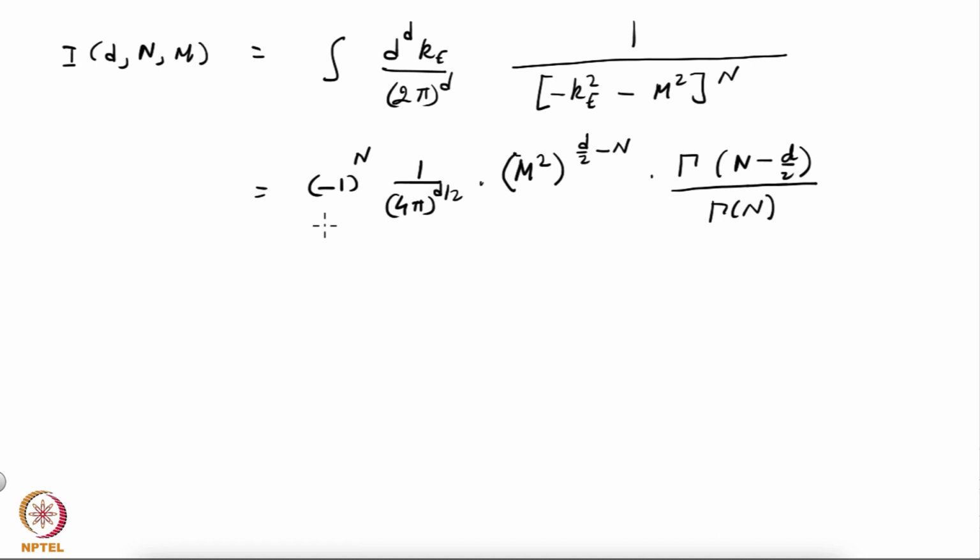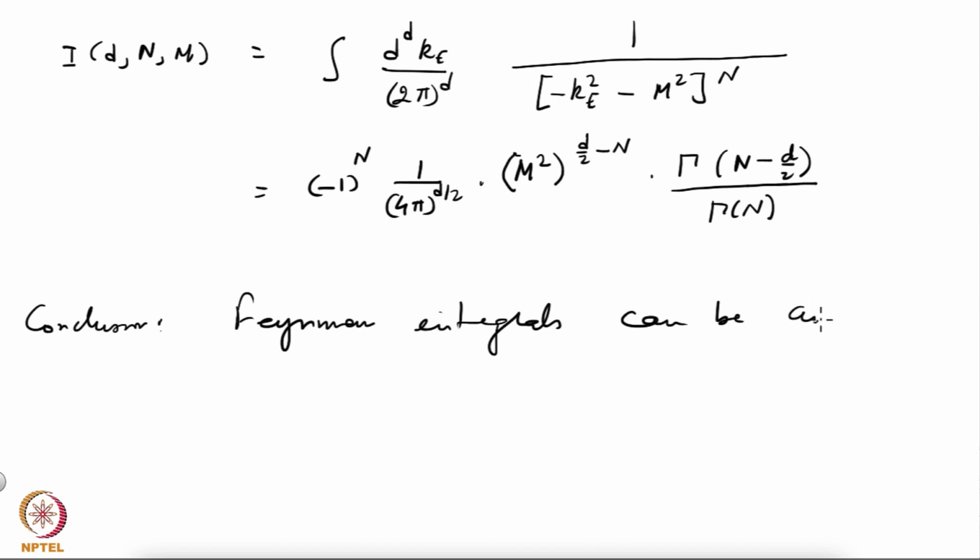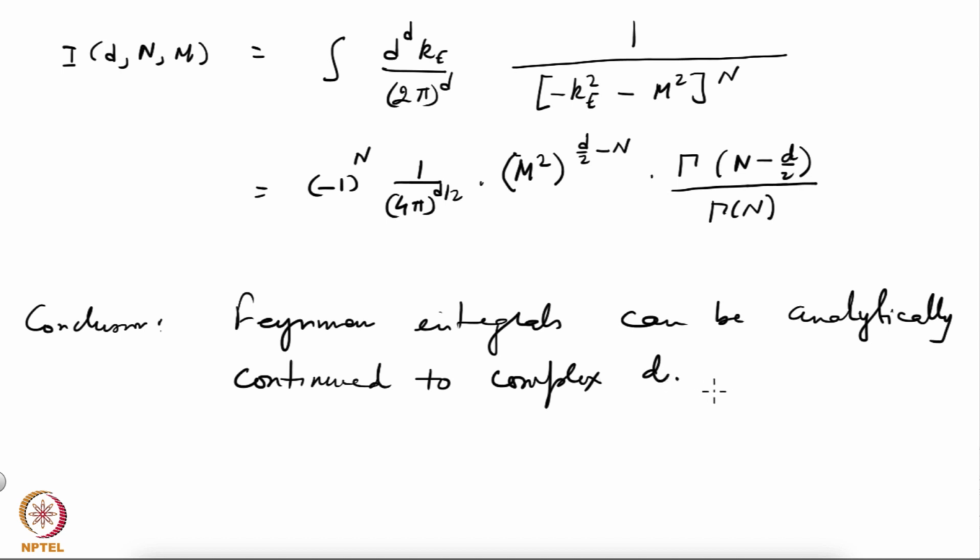So now you see that the conclusion is that Feynman integrals can be continued analytically to complex d, okay, complex dimensions.